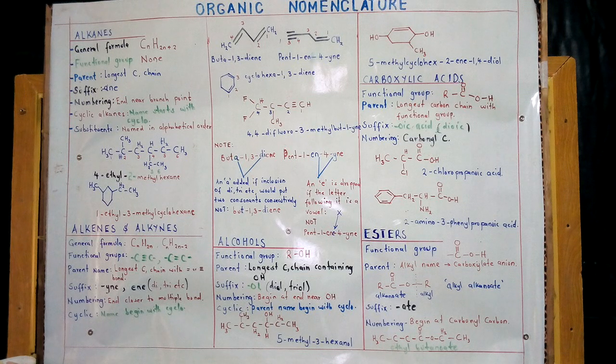So we see that the numbering begins from the end closer to the multiple bond. In this case, if we look at this compound, there's a double bond at the end, either from the right or left, so we can start naming it from either point. So we can start by naming, this is 1, 2, 3, 4, butane.